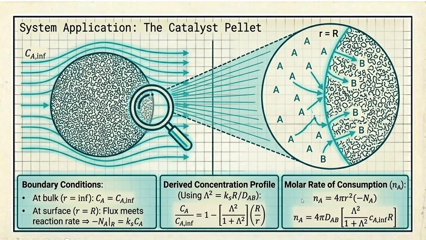And another thing which we have to derive or show or prove is rate is equal to area into Na, and this would translate to this. So let us see how we can do that.